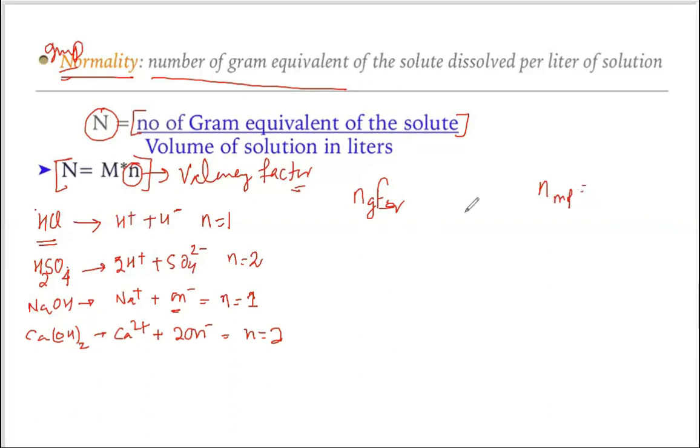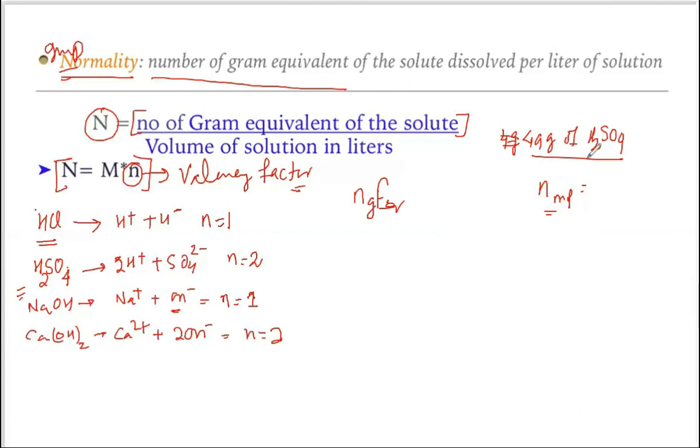Okay, with number of moles. Let's suppose we are taking an acid. As we know, I'm going to relate one simple concept. Let's suppose 49 grams of H2SO4 is given, and we are asked to calculate the number of moles.